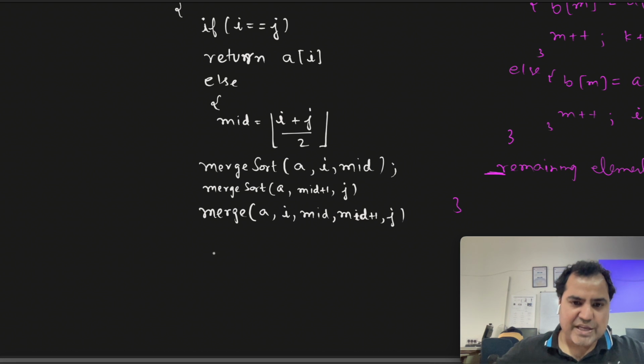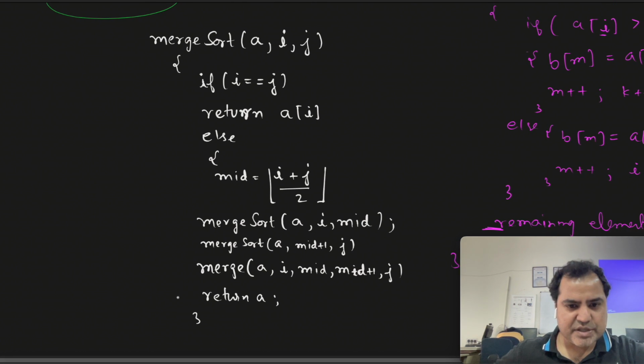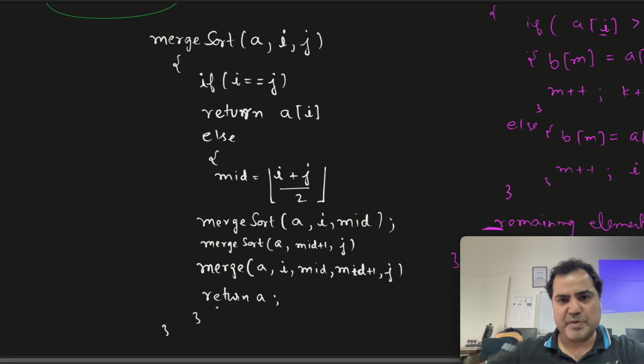After this has been merged, return A. Here this else has finished, and here the merge sort algorithm has finished.